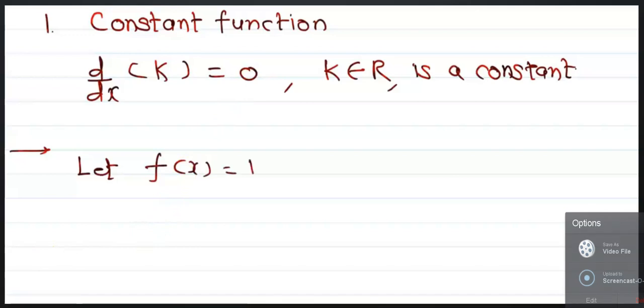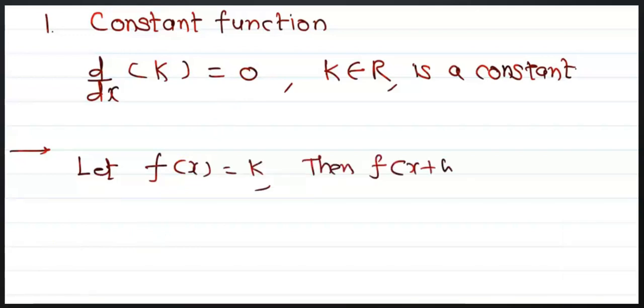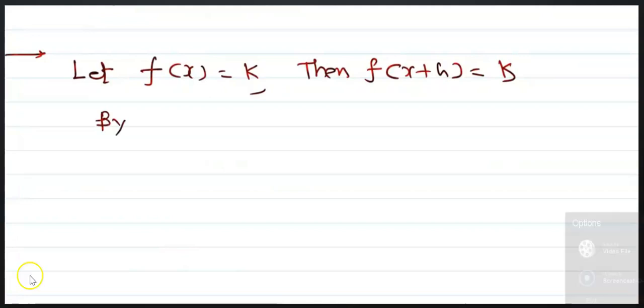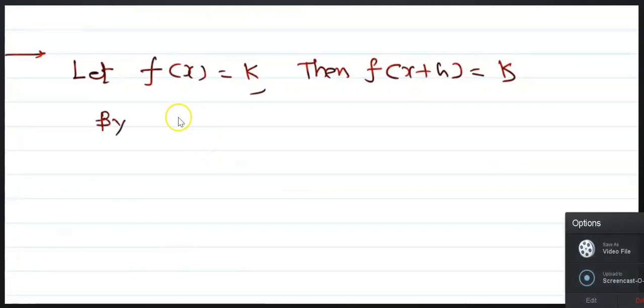Now see this, f of x is equal to k. Here it is a constant function. f of x is equal to k and f of x plus h is also k.